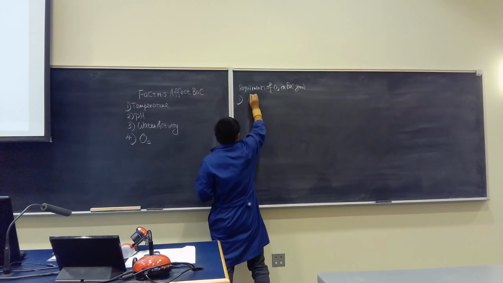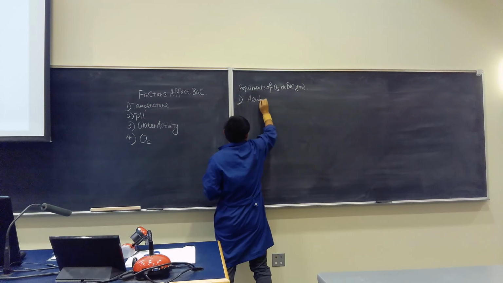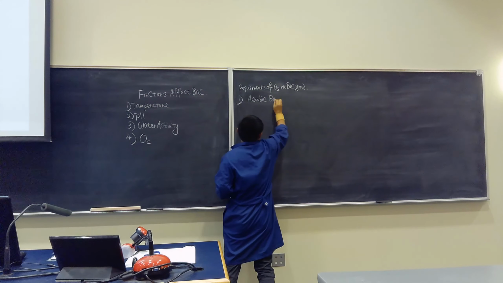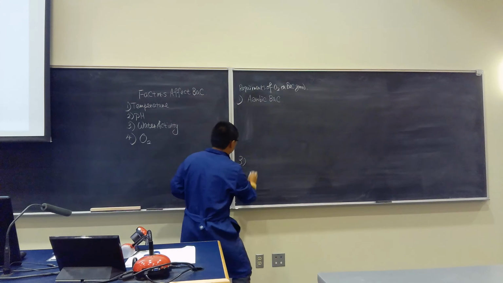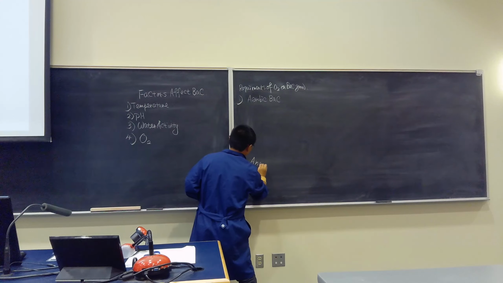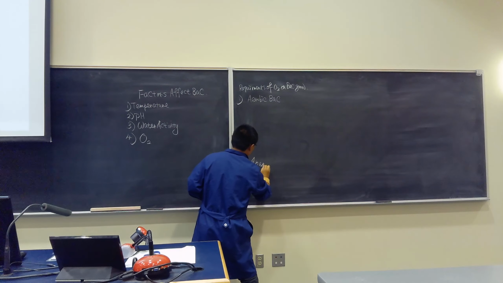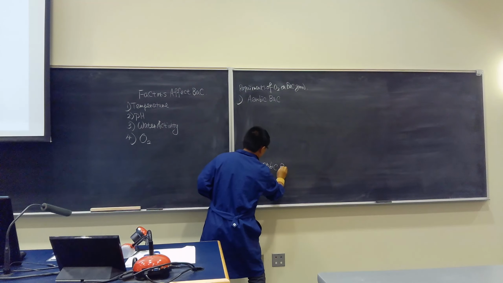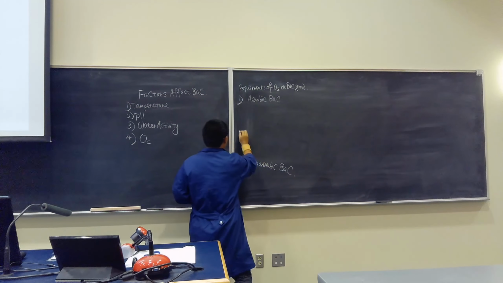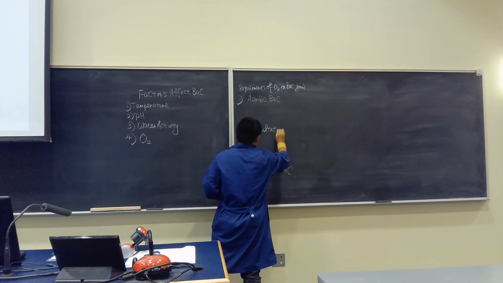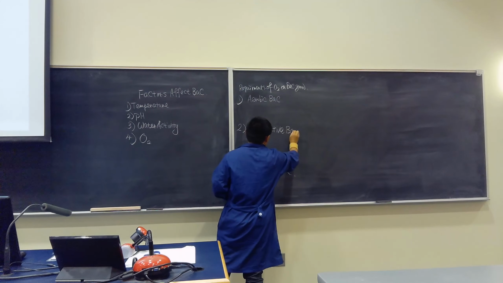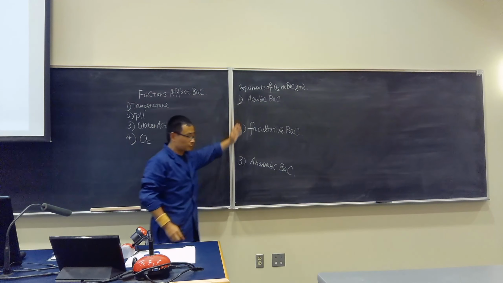Number one is aerobic bacteria. Number 3, I will write right here, is anaerobic bacteria. Now, there's one thing in the middle, which is facultative. So those are the 3 categories you should know at the beginning.